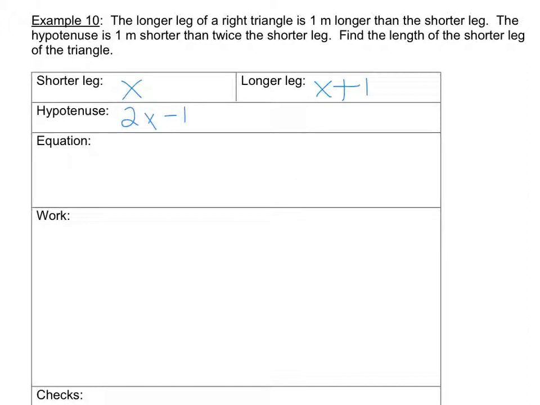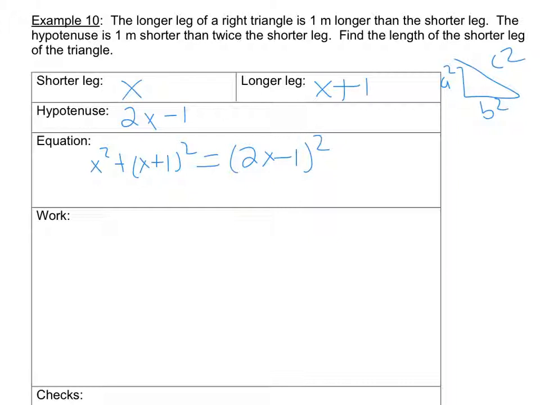You got to remember, right triangles, a squared plus b squared equals c squared. So x squared plus x plus 1 squared equals 2x minus 1 squared. Now don't just square each. Remember, x plus 1 squared is x plus 1 times x plus 1.